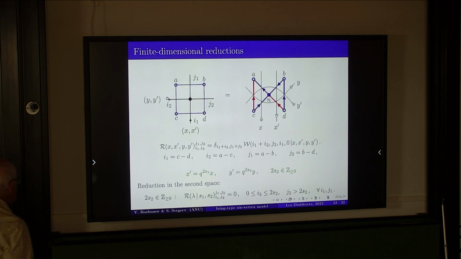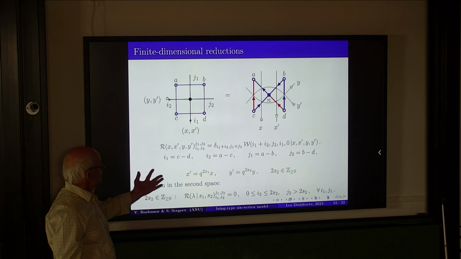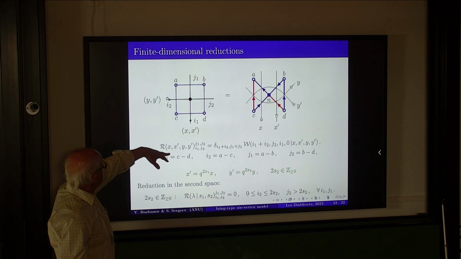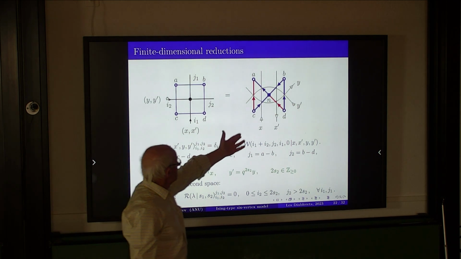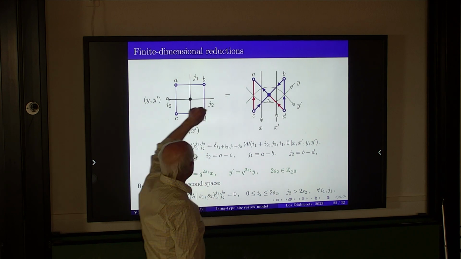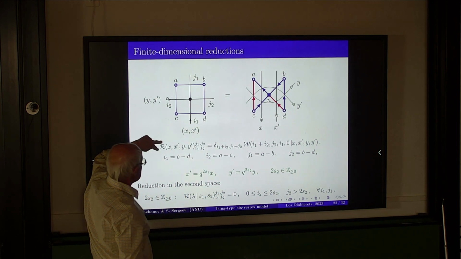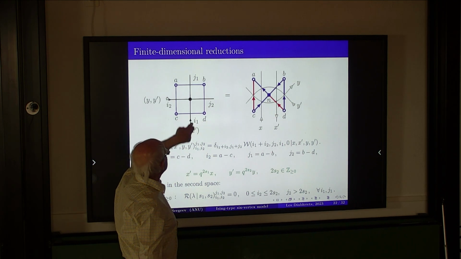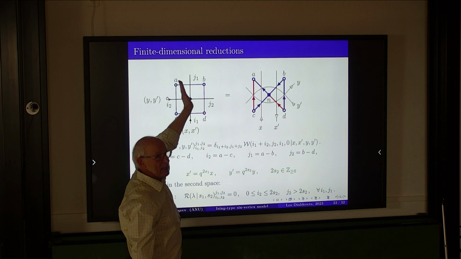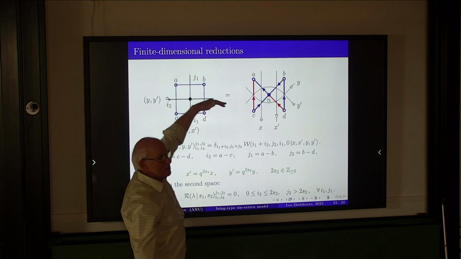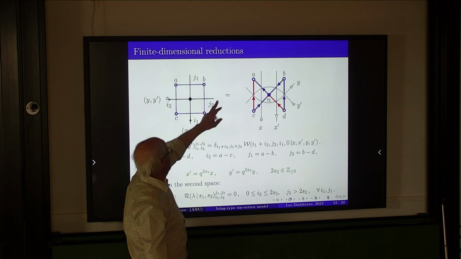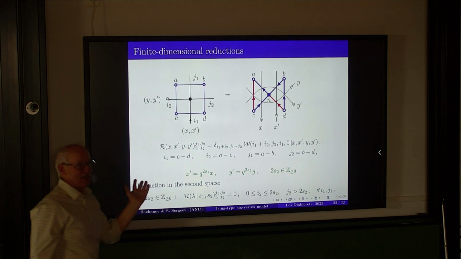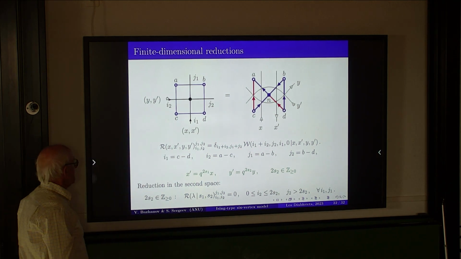So let's come back to the R matrix formulation. We have this given on a, b, c, d, and we want to look at this as an R matrix with the indices i1, i2 in the quantum space and j1, j2 in the auxiliary space. Okay.